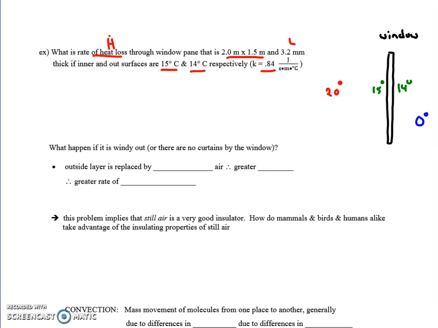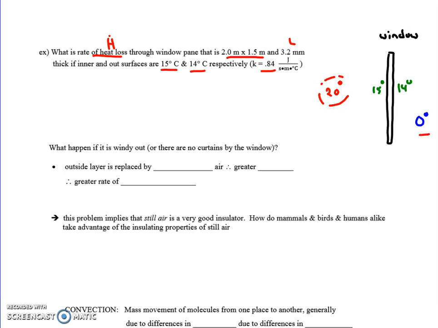All right, and you can draw this in because, again, I'll point out what's the subtlety in this problem. So I'm talking about a 15 and 14 degree temperature difference, even though the inside is room temperature 20, and let's say the outside is freezing cold. We have the dimensions of the window, so that's not a problem. And we have the thickness, that's pretty straightforward.